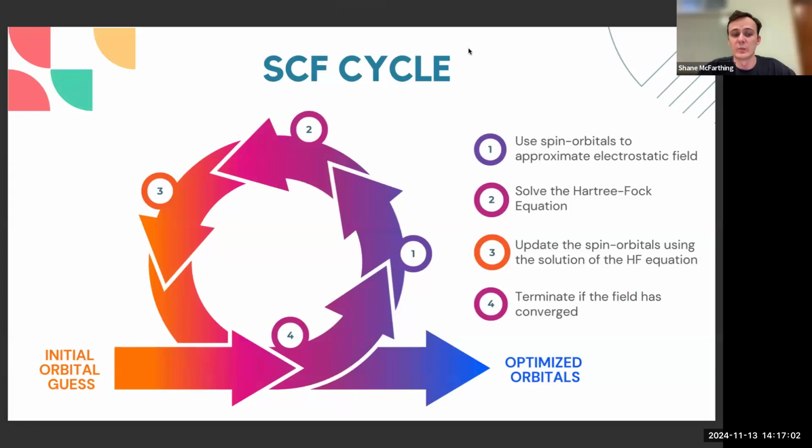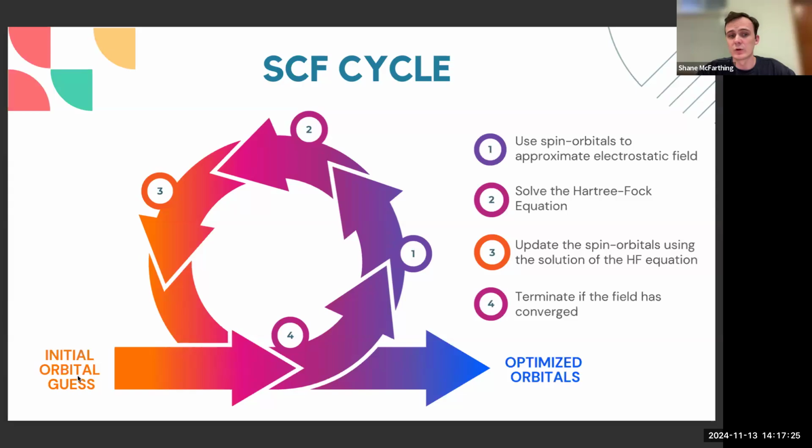So the way that we solve this Hartree-Fock equation is through something called an SCF cycle, or a self-consistent field cycle. And what this essentially is, we try to update the field, the field representing the average interaction of the electrons based on the orbitals, and we do that by changing the orbitals.